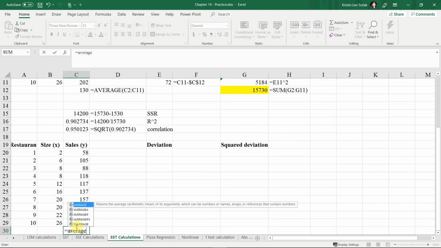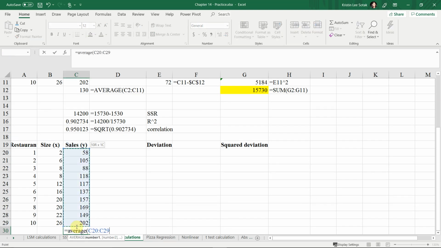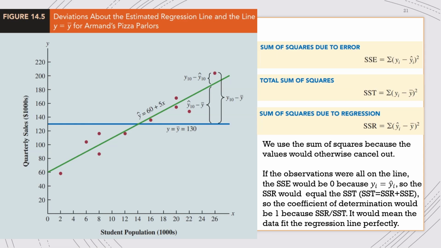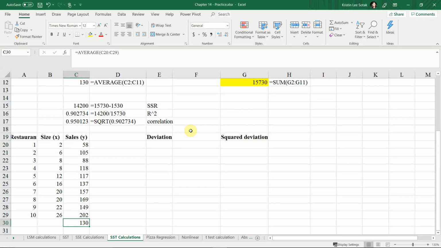So that's equal to the average of y. We have 130 as the average, which we saw on this graph here. So the deviations are going to equal our observed y value minus the mean. And remember, the mean we're keeping the same, so what do we got to use? We got to use dollar signs. So those are our deviations.